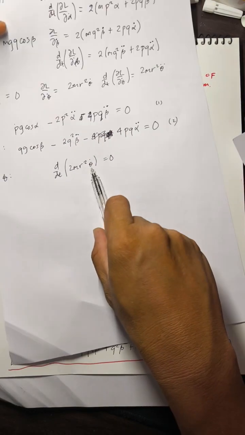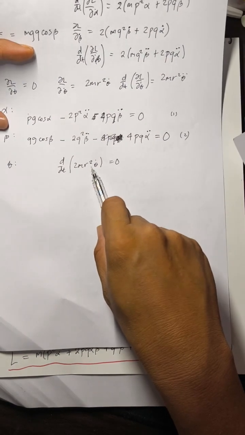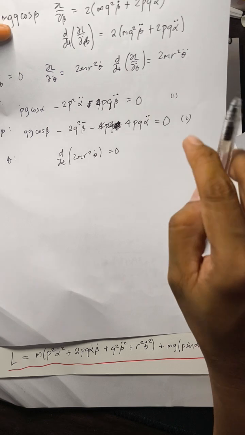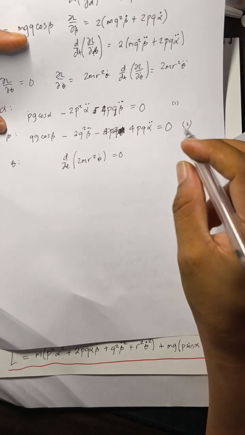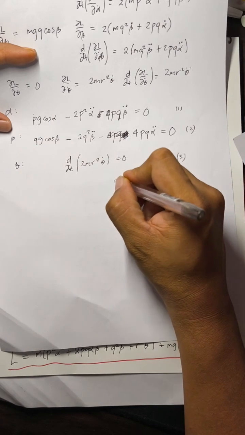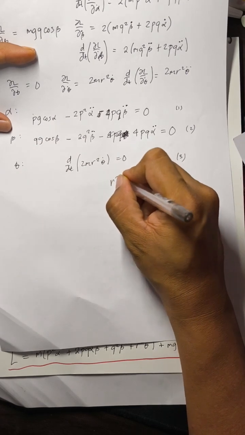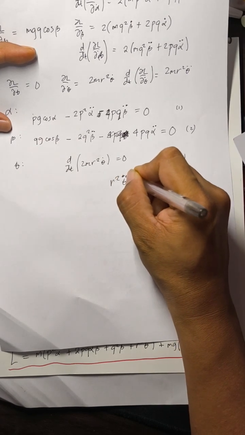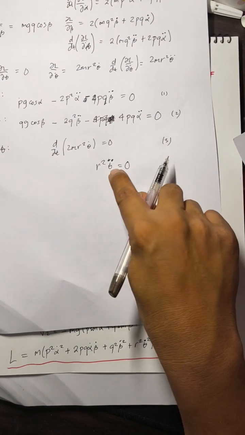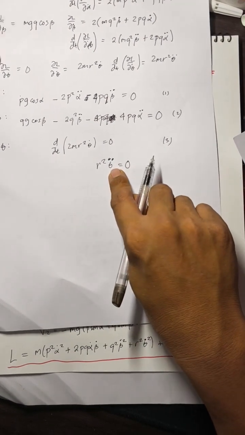We can express this as r squared theta double dot equals 0. We can use this equation to solve theta independently of alpha and beta.